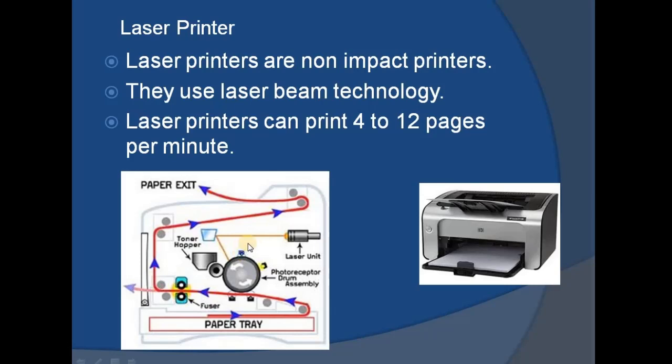If you look at the parts present in the laser printer, basically this is the paper tray where we give the papers as input, and at the topmost layer we have the paper exit. In between, what does it consist of? It consists of the toner, and a circular part that we call the photoelectric drum or photoreceptor drum, and then this is the laser unit through which the laser light is passed to this photoelectric drum.